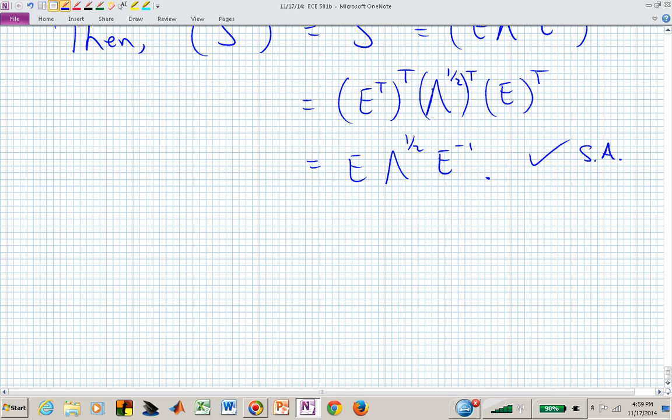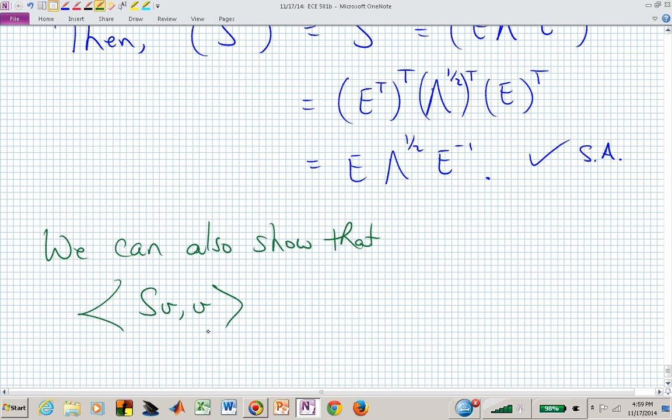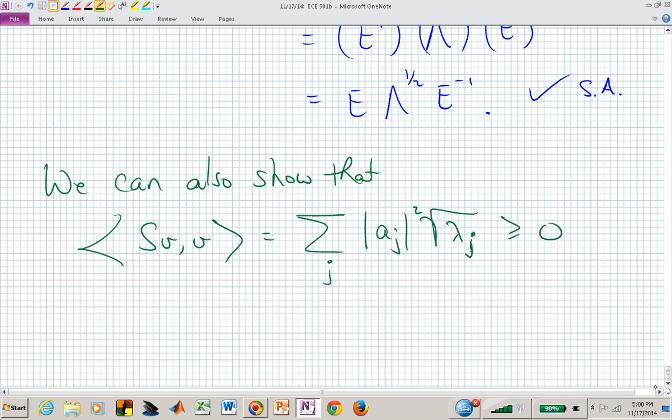Now, we can also show that this SVV is a sum over J of A sub J squared, square root of lambda sub J. That's the absolute value of some number squared times a positive square root of lambda sub J. That's non-negative, which is what we need to show to conclude.